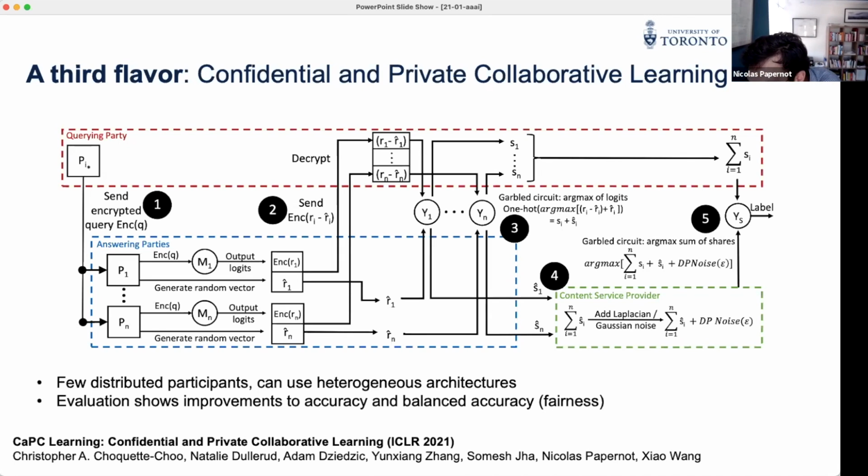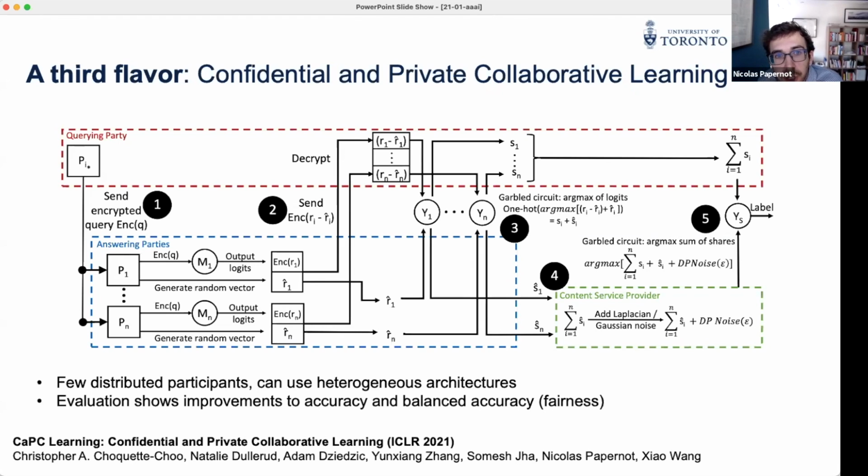And then in the last question, yes, for CAPC, the content provider, the trusted third party, is indeed a central point of contact for all of the different answering parties. But the assumptions that we have to make are not as important as the ones made by federated learning, because the content service provider sees a lot less information from the different answering parties.